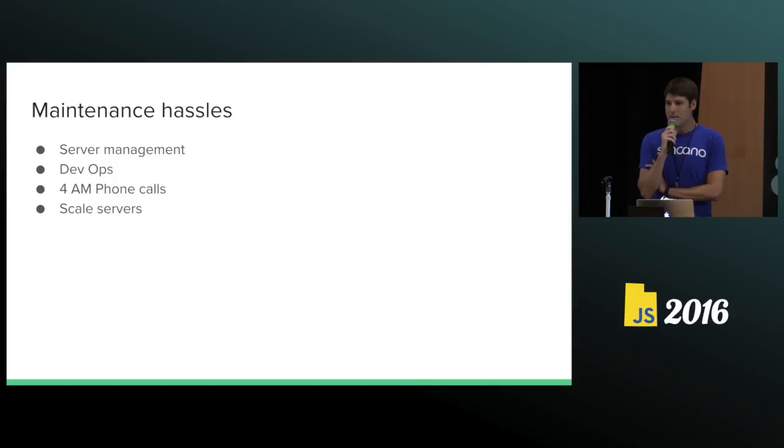If someone calls at 4 a.m. and your app went down, you or somebody on your team has to worry about that. And then you come across different scaling issues as well. When you're trying to scale, you need to figure out where you want your servers to be located and how many you need. Things like that just aren't that pertinent to building a great application. It takes you away from that.